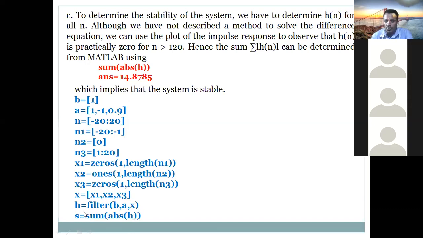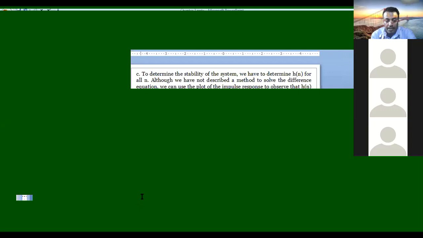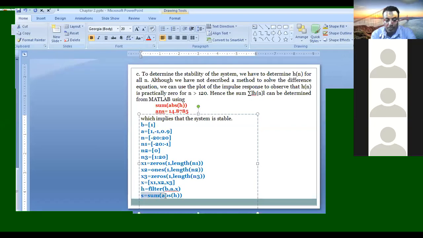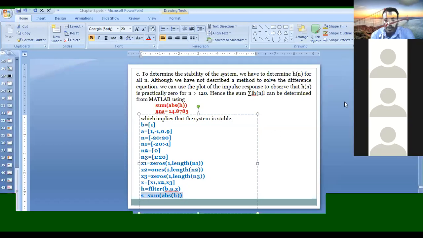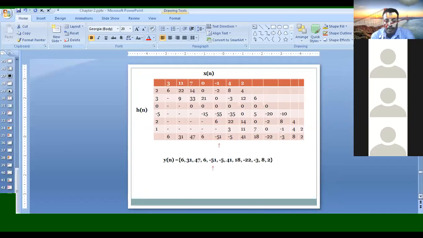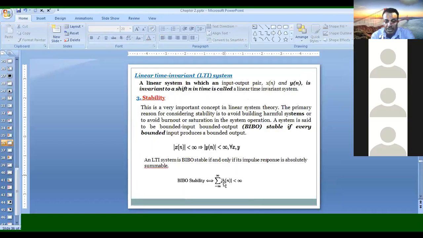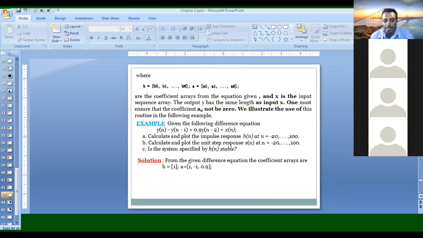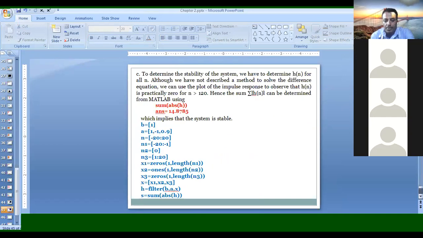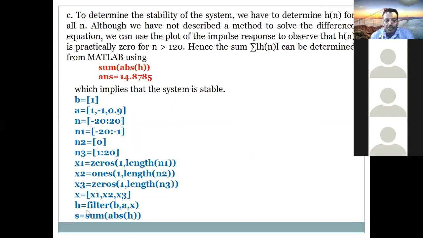Let me show you one program. Here, when you see this program, we are using MATLAB to determine whether a system is stable or not. In this program, you can see at the last, we are computing the summation of the absolute value of H, the impulse response, right?